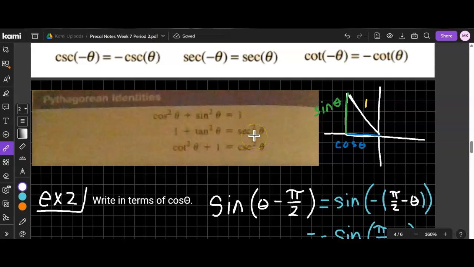Our secant squared is subtracted by 1. And so, with that in mind, if we had subtracted 1 on both sides, we know that secant squared minus 1 is the same as tangent squared. So we can make that substitution. We'll replace our secant squared minus 1 with our tangent squared.